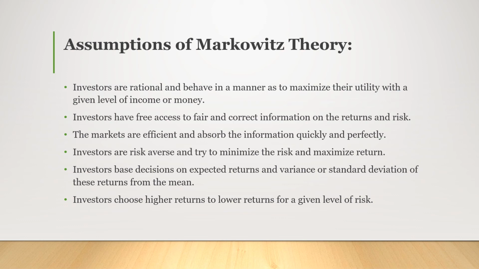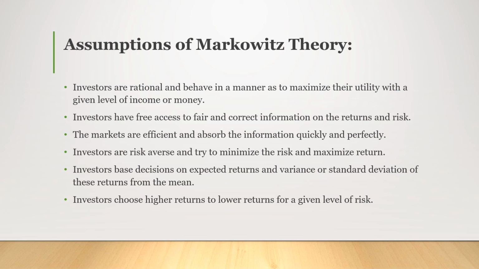Next, investors have free access to fair and correct information on the returns and risk. So here he has to get the correct information, and based on the information of risk and returns, he is going to take the decisions.